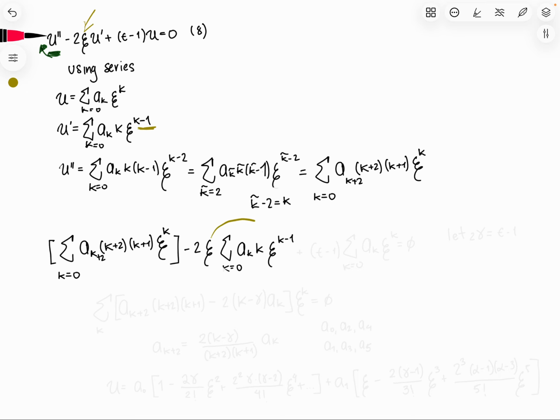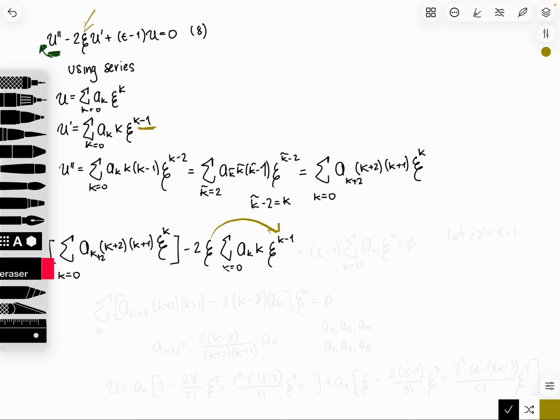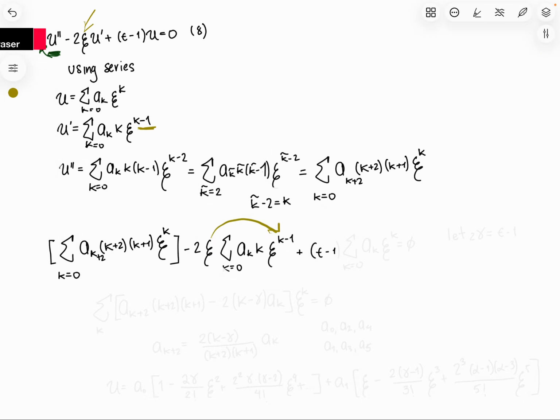Multiplying by this xi will fix the coefficient here. And for the other term, we just substitute. We also define a new variable to make the algebra easier. We define 2 times gamma equal to epsilon minus 1 because it will make the sum easier.